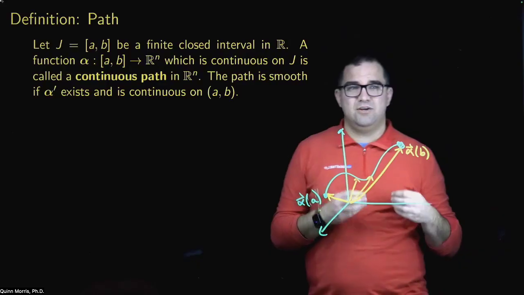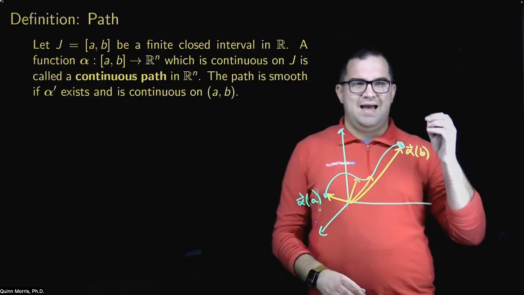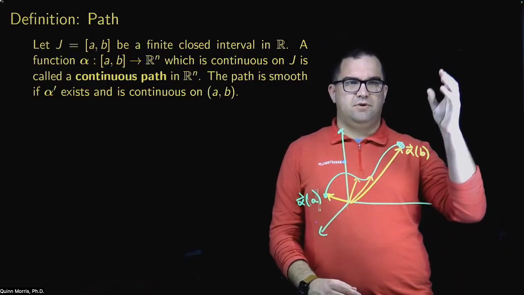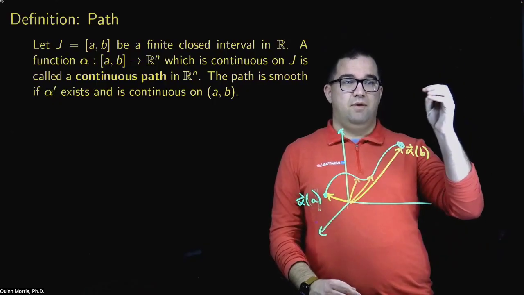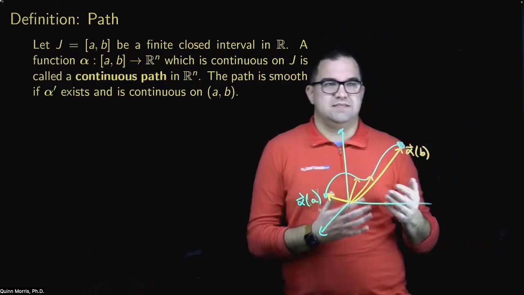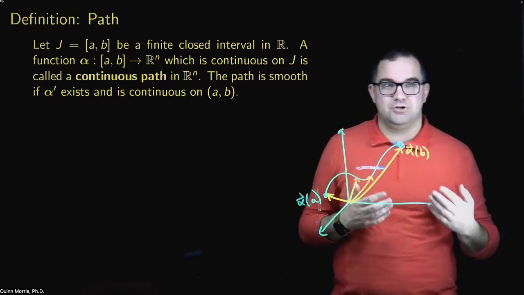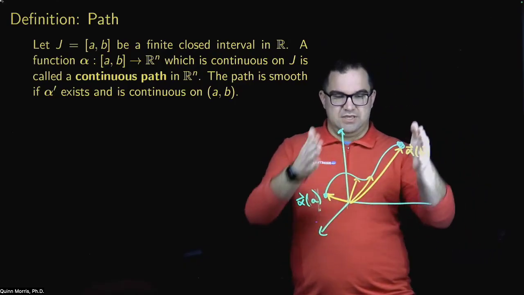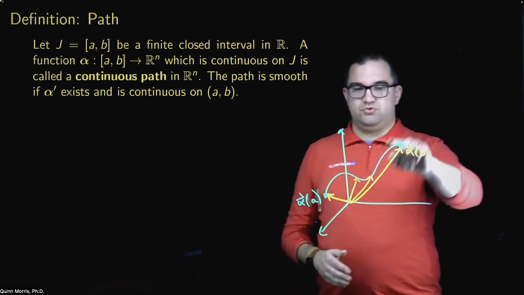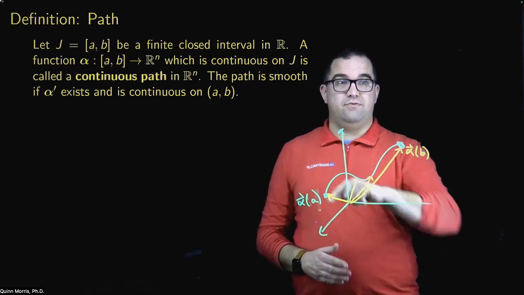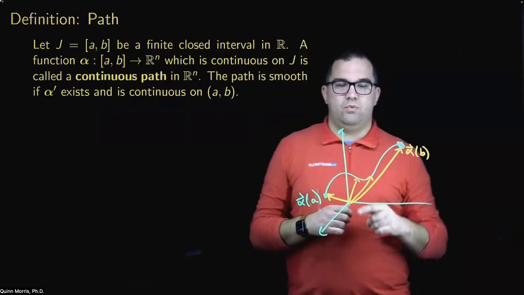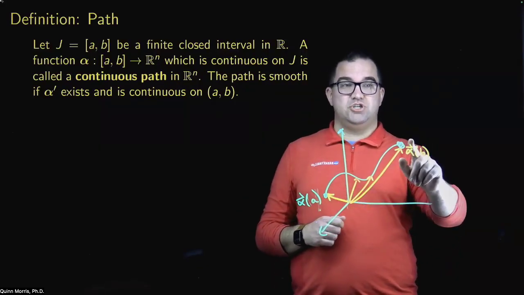Now, one way we distinguish that, because the word path often gets bundled up to mean the graph of the path, and that sort of makes sense in the common usage of the word path in English, you're usually just thinking about the actual trajectory, the actual graph. So we often talk about parameterizations.